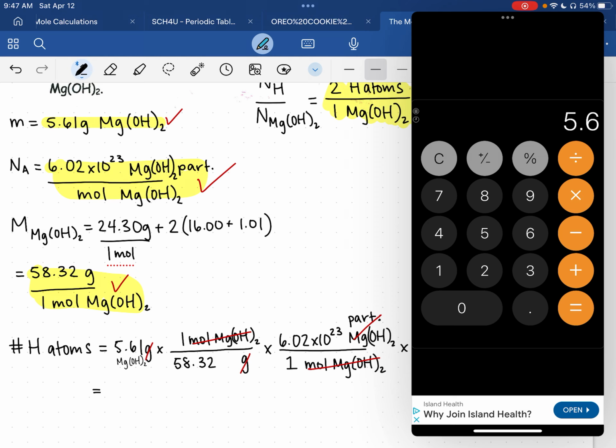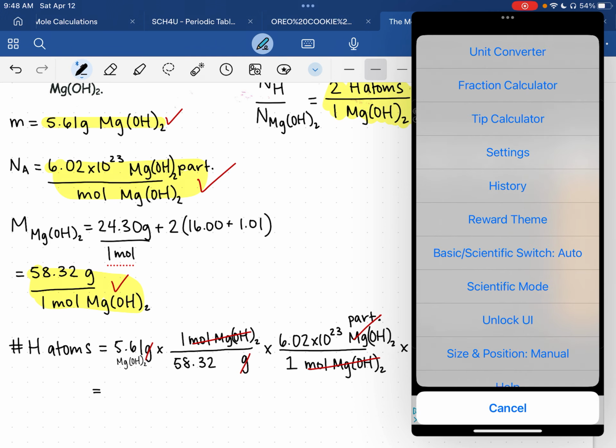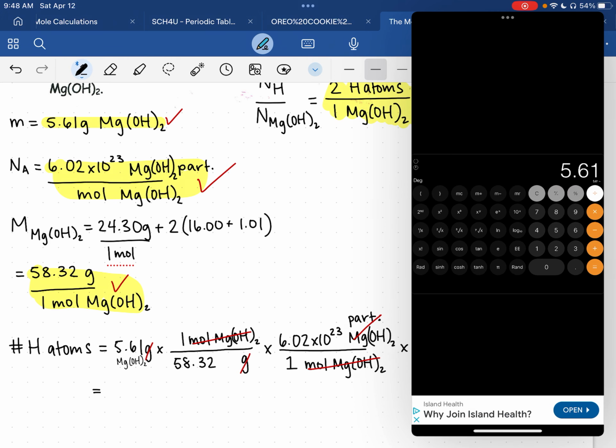I probably should go into scientific mode on my scientific calculator. 5.61 divided by 58.32, okay, times. So I've done this one, I've done this one. Now I'm multiplying by this numerator.